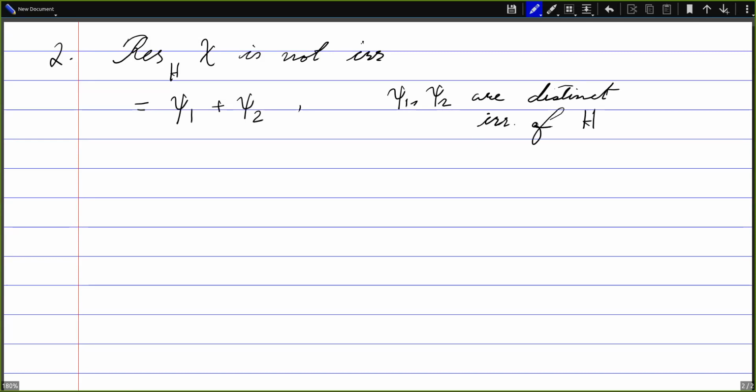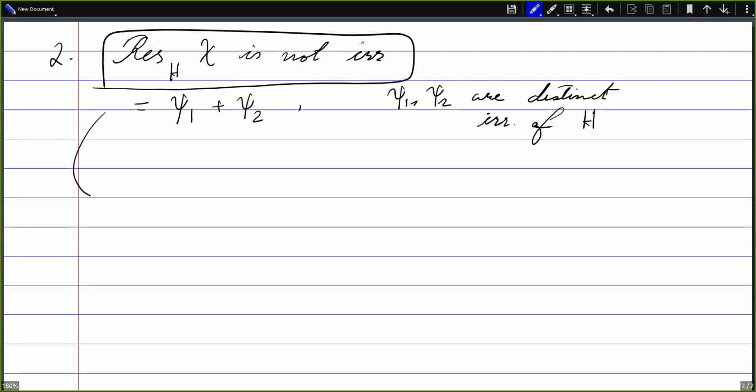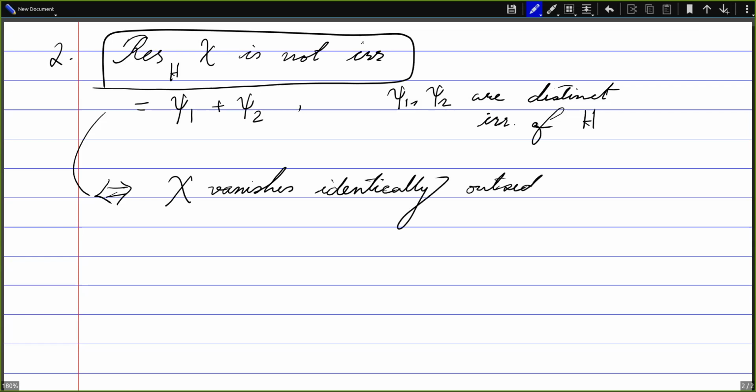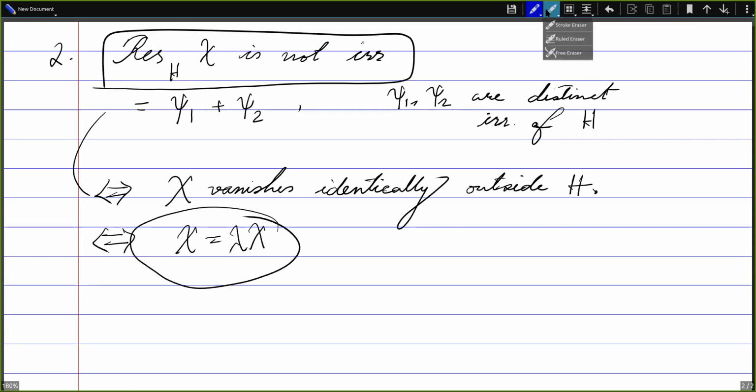And recall that if res chi is not irreducible, then that is equivalent to saying that chi vanishes identically outside H. Of course in this case chi becomes equal to lambda chi, so here at least this one is not going to be of much help to us.